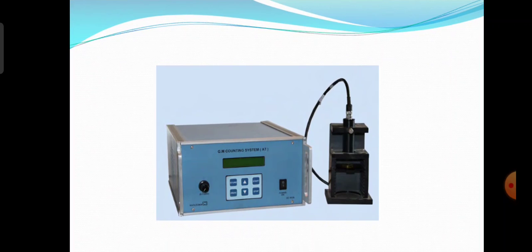Then we set the operating voltage, which we have obtained from the graph, on the GM counter apparatus, and then the beta source is placed inside the apparatus, and then the absorber which we use here, aluminum, is placed. Then the counting starts, and the count is taken for every 10 seconds.